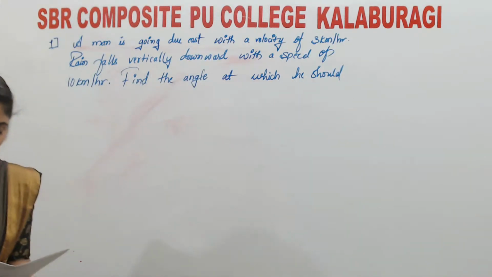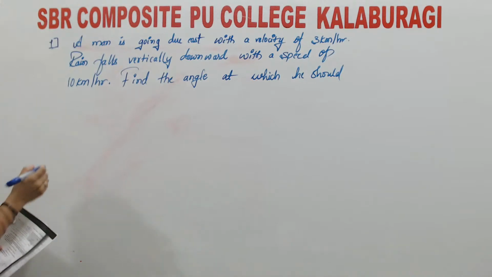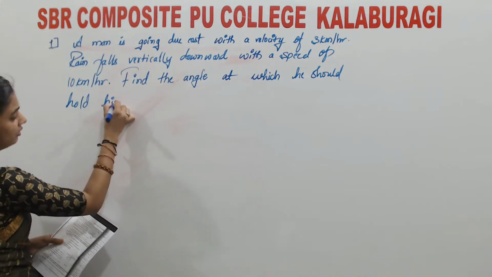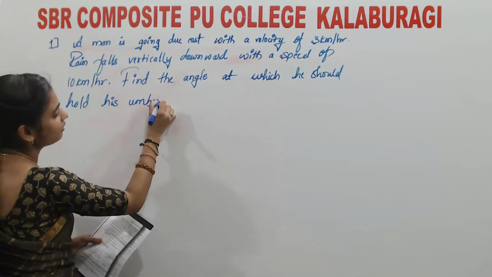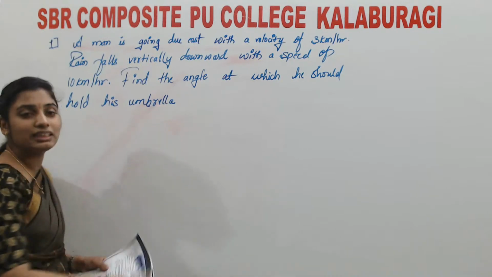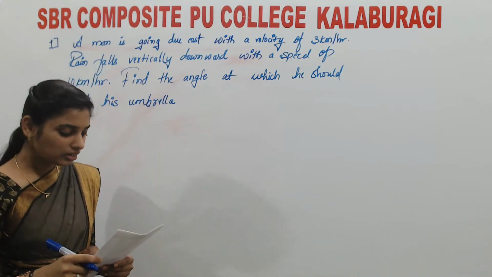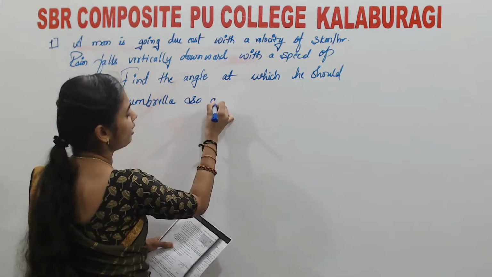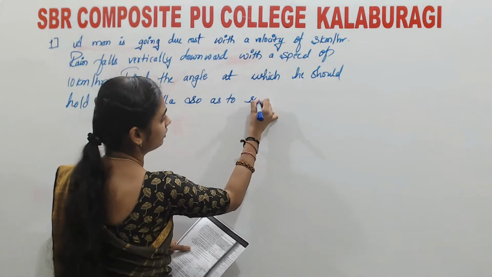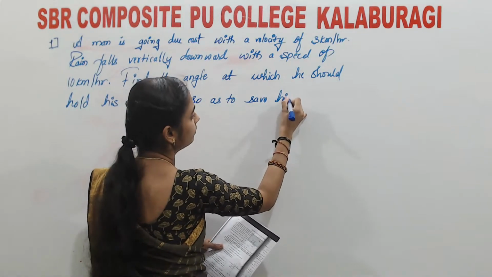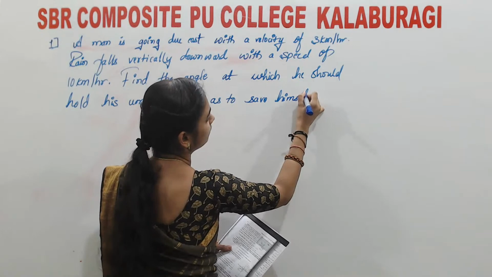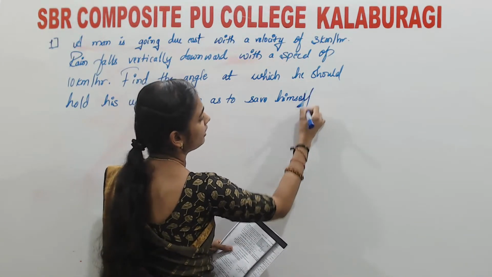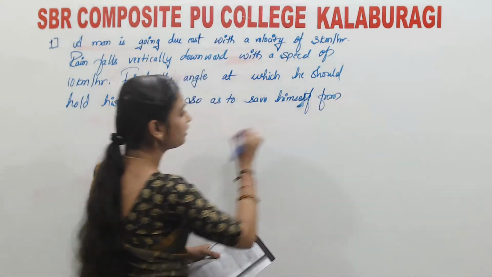Try to understand the concept where we can apply this relative velocity: hold the umbrella so as to save himself from the rain.